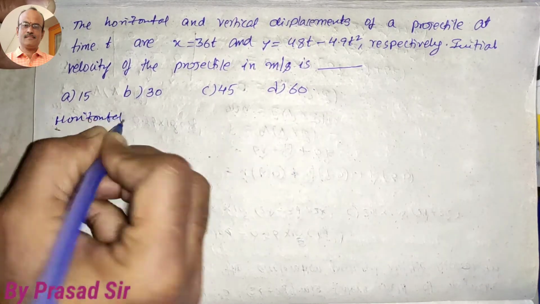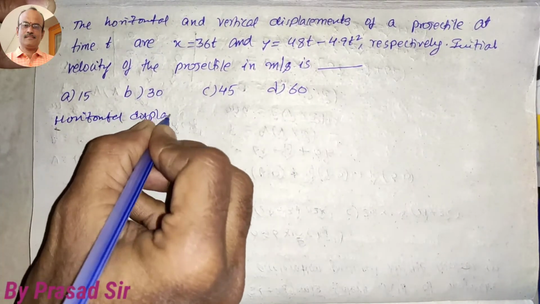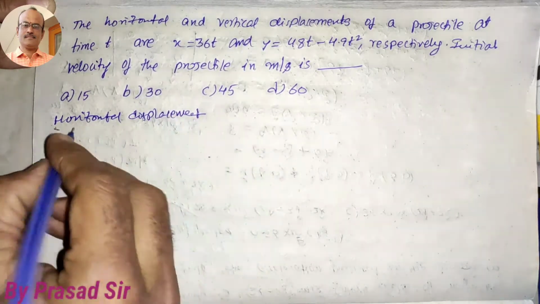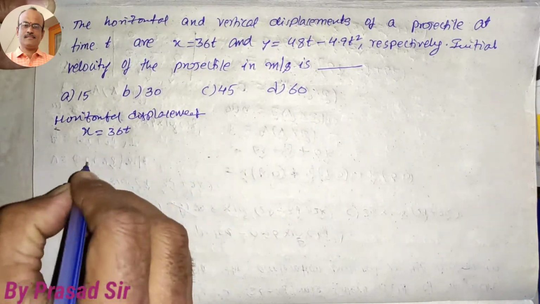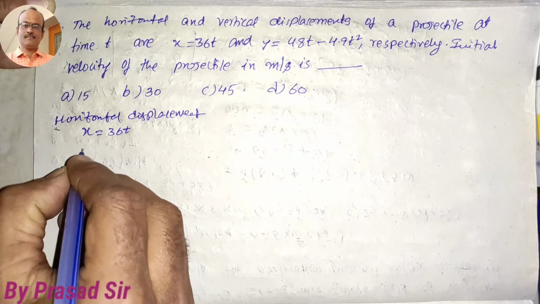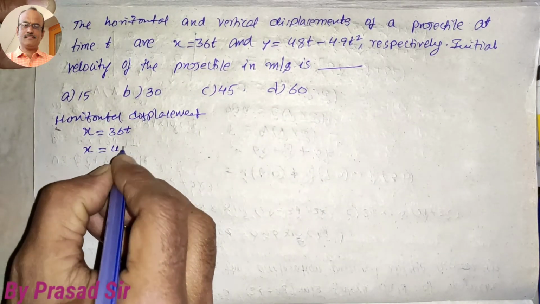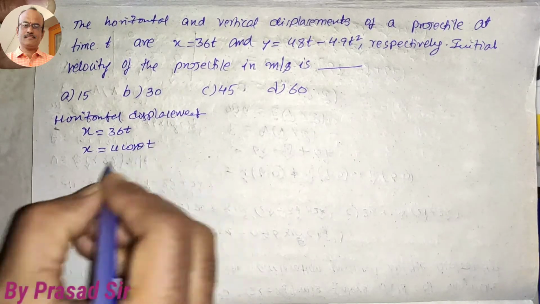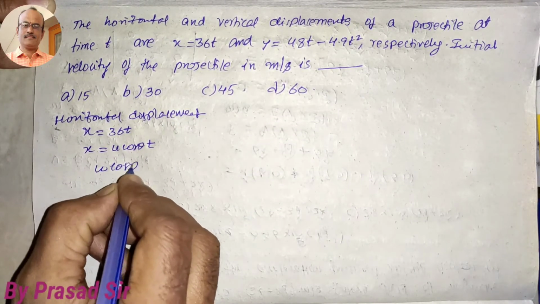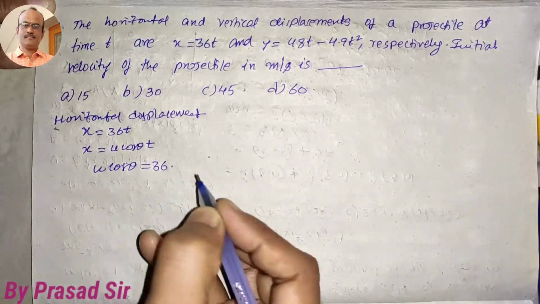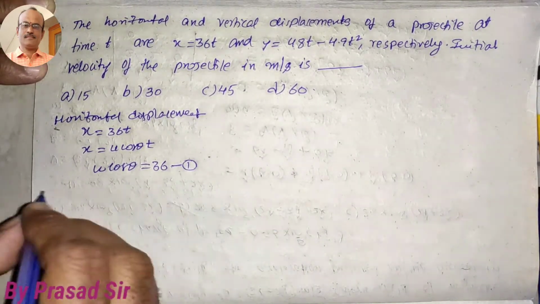So here horizontal displacement x is equal to 36 into t, but we know in two dimensions x is equal to u cos theta into t. So that means from comparing these two, u cos theta is equal to 36. This is equation number 1.